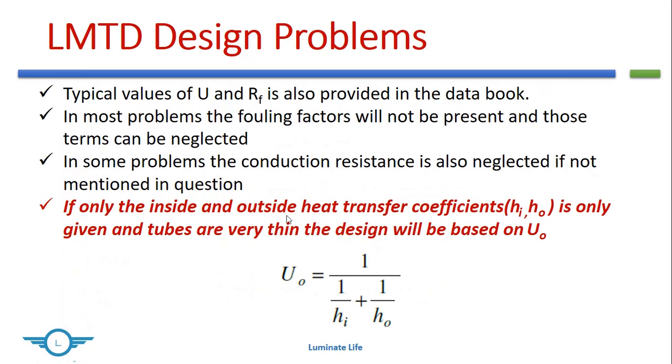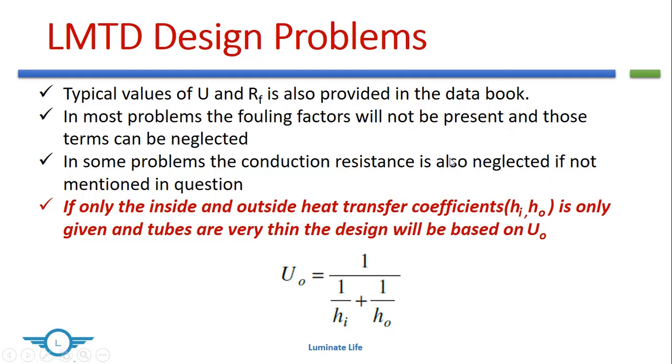Alright, so typically the value of U and RF is usually provided in the data book, but in most of the problems we will be estimating the value of U from our heat transfer coefficients Hi and H0, and in most of the problems fouling factors will also not be present, so that term can be neglected. And peculiarly in some problems the conduction resistance of the wall can also be neglected.